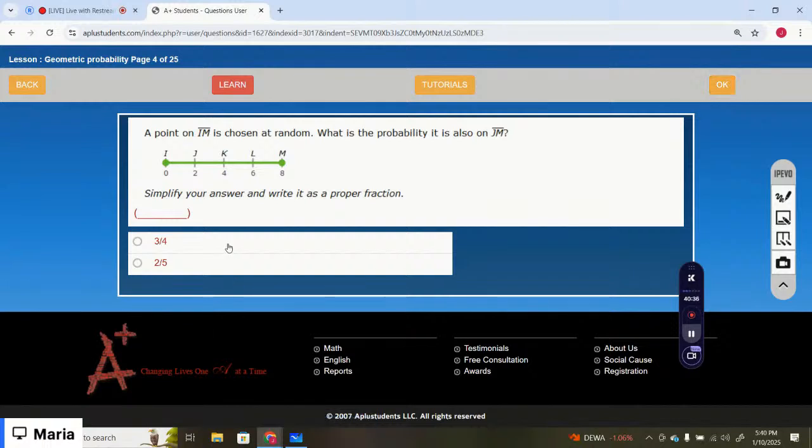Yes, that is 3 out of 4. Option number 1 is the correct option.